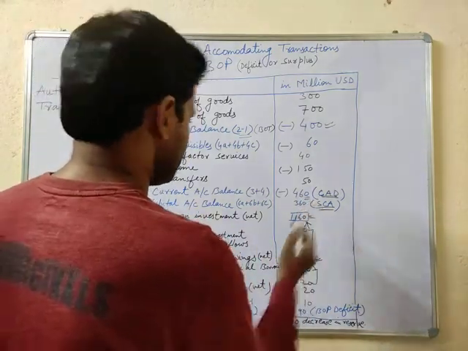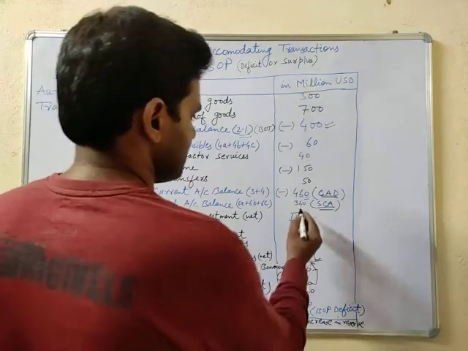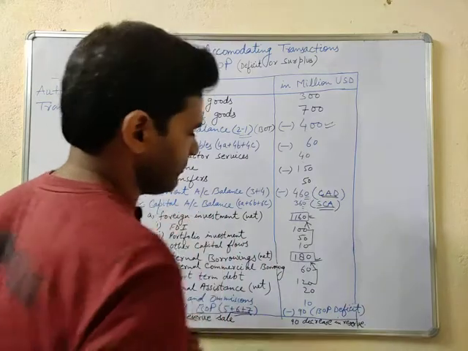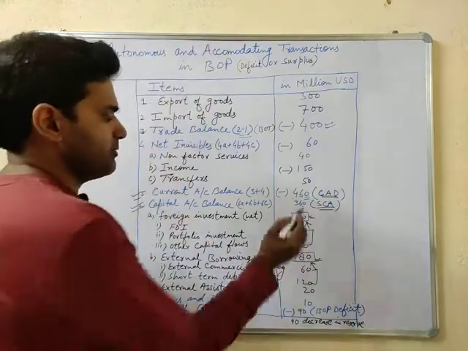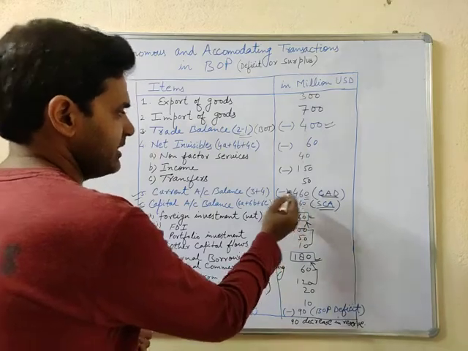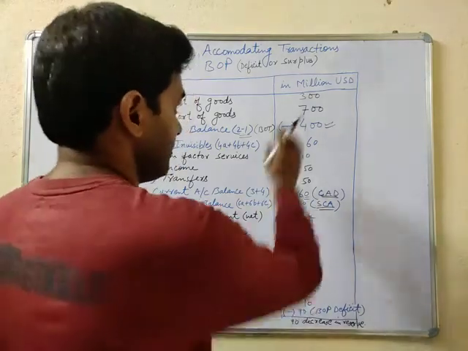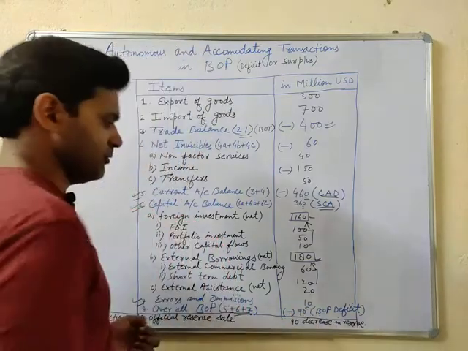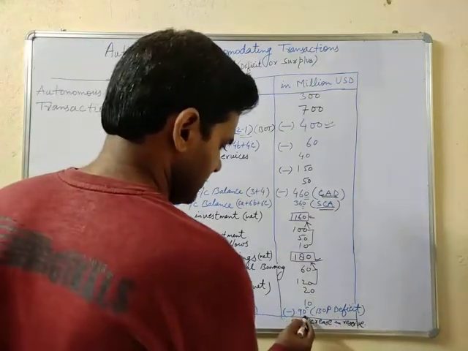It is deficit 460. Capital account balance is positive, surplus 360. We deduct this 360 from the 460 and we come to know that the amount remaining is negative 100 million USD. Then we deduct this 10 errors and omissions, then it remains 90.